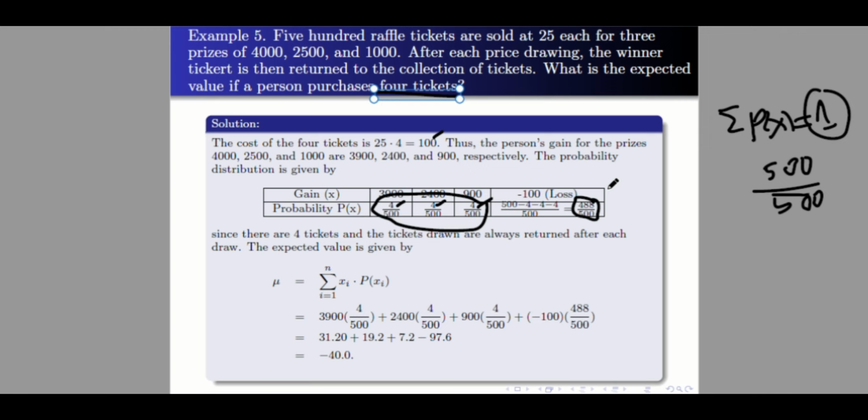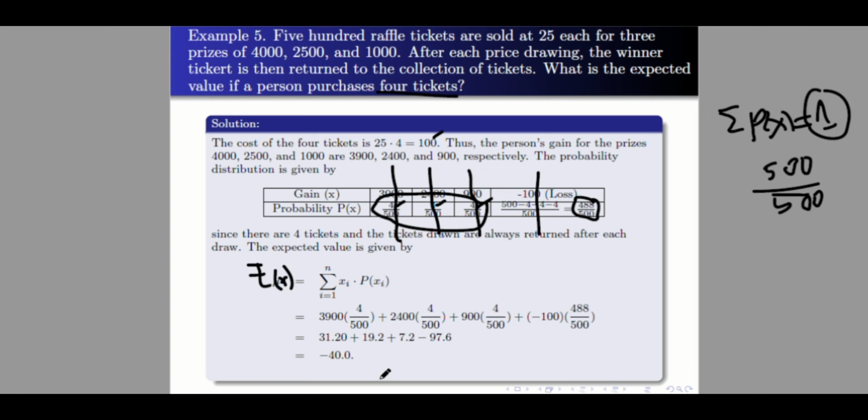Okay, since there are 4 tickets, the expected value is this. So this is now E of x, the same formula for the mean. Again, you just take the product, take the product, take the product, take the product, and then you sum up.